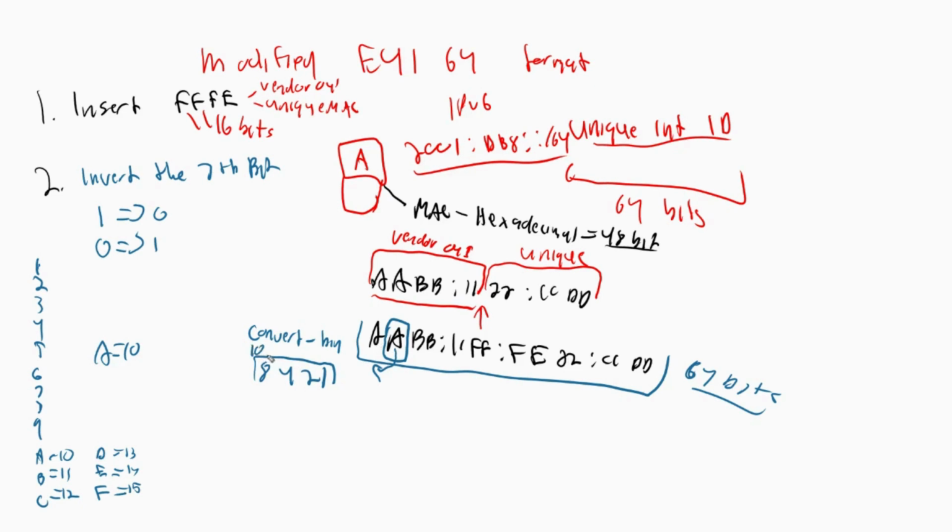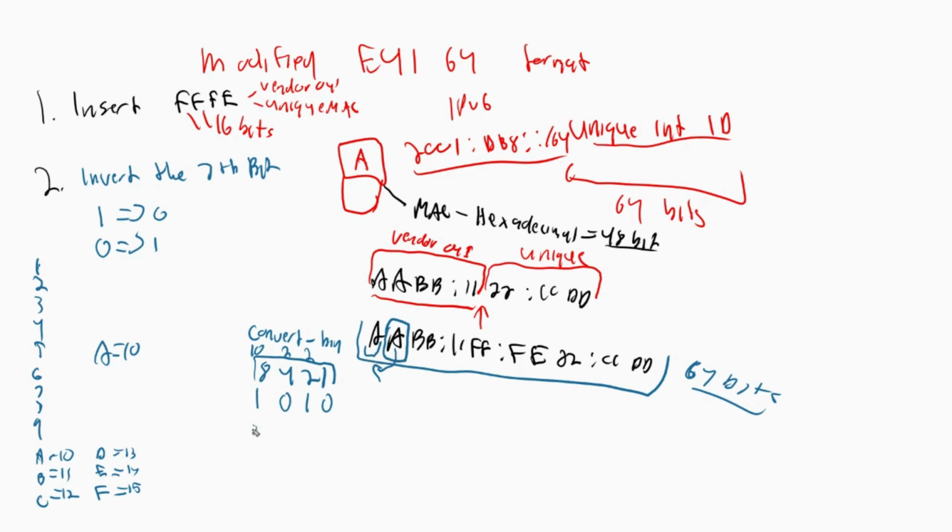So is 10 equal to or greater than 8? Yes, it is. Is 2 equal to or greater than 4? No, it's not. Is 2 equal to or greater than 2? Yes, it is. All right. Now, this first hexadecimal digit has 4 bits, and this has 4 bits.